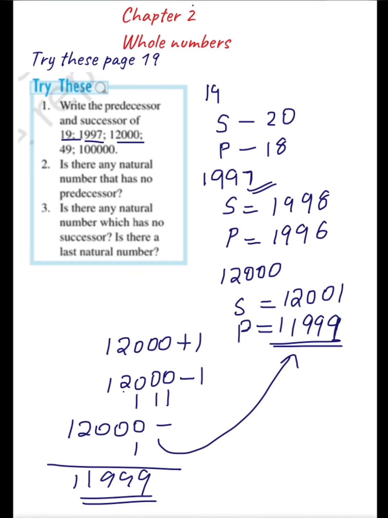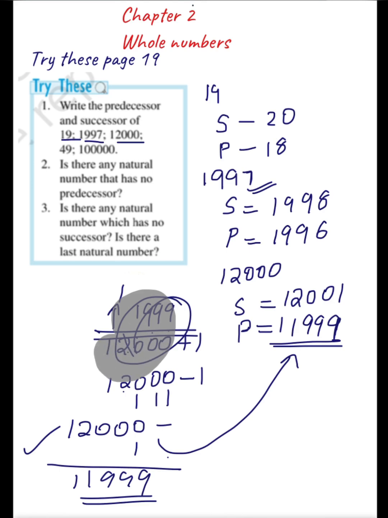If you are transforming these zeros to 9, and subtracting 1 from this 2, it will transform to 1, and writing this 1 as it is, 11,999 will be the predecessor. If you are having any confusion in doing these steps, then you can just do the usual subtraction. Then you will get the predecessor as 11,999.